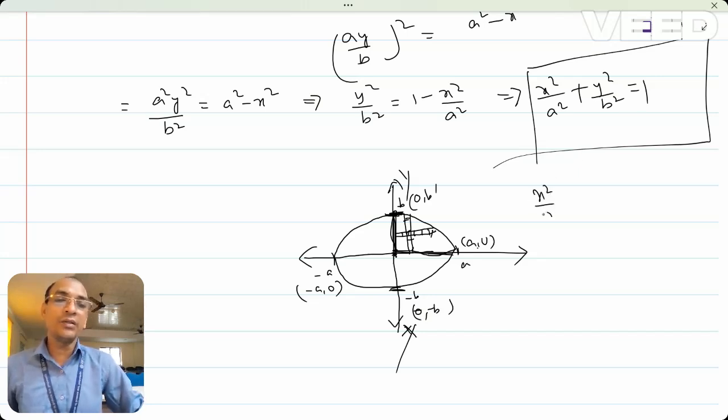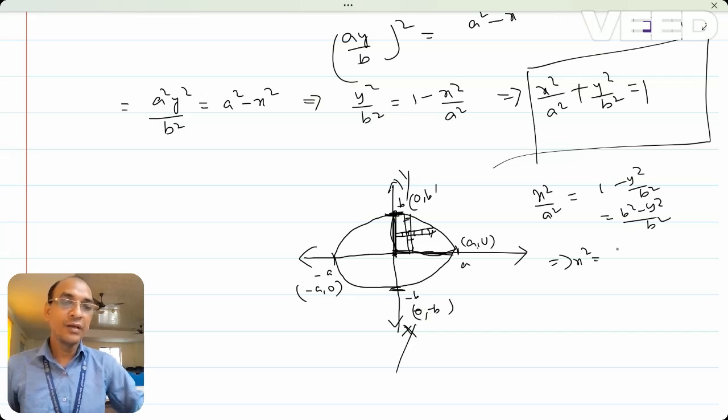So x square by a square equal to 1 minus y square by b square, and so b square minus y square by b square. And x square will be nothing but a square by b square into b square minus y square.